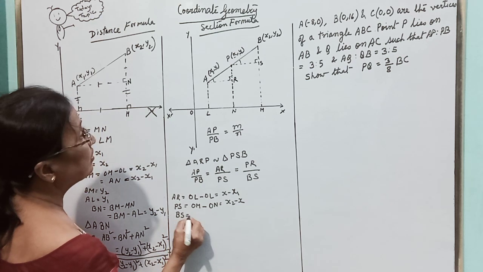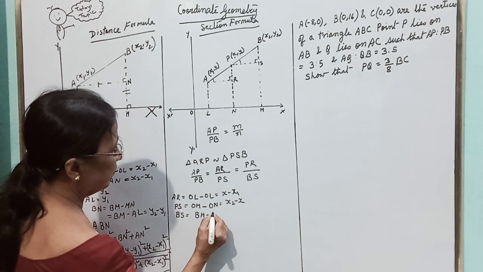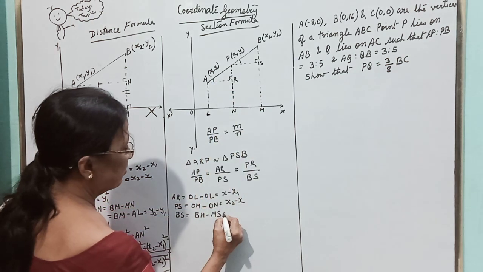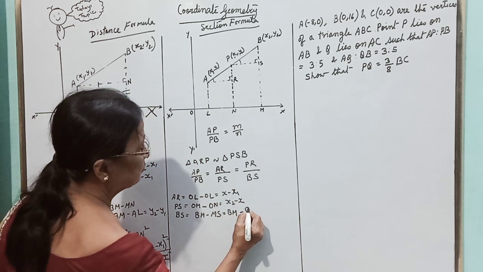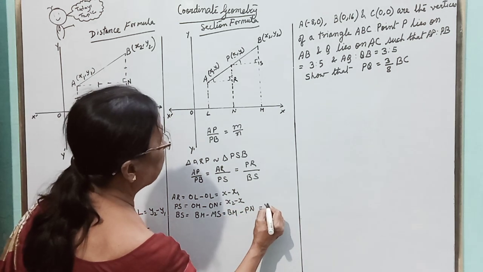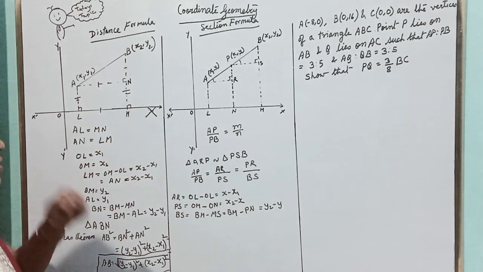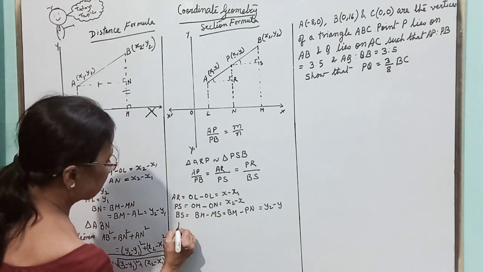BS can be written as BM minus MS, and MS can be written as PN, so this is Y2 minus Y. What is PR?